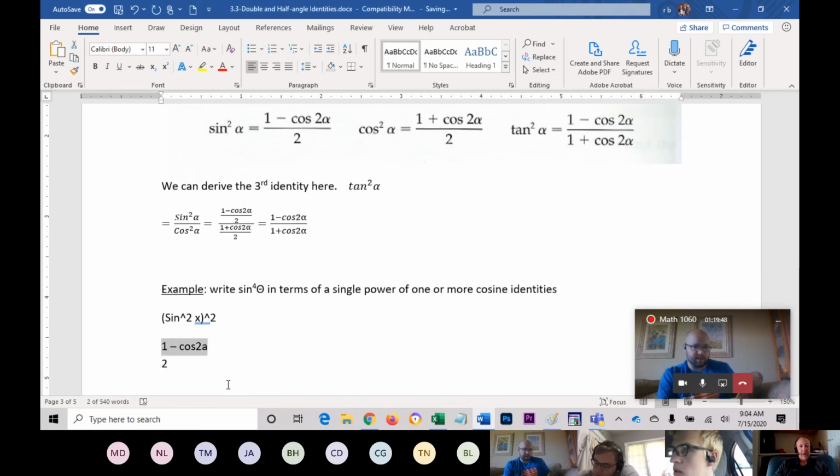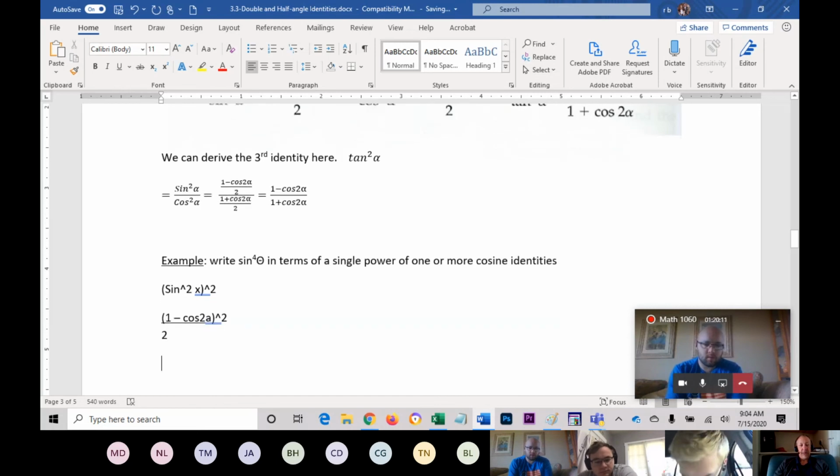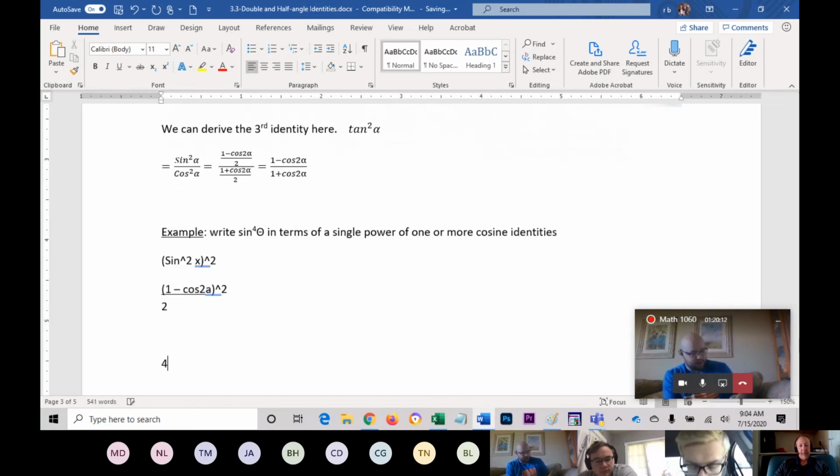Okay, so all of this is your fraction. That whole thing squared, raised to the second power. Okay. Gotcha. Now, if we're squaring the 2 on the bottom, this is going to become a 4 on the bottom, right? Correct.